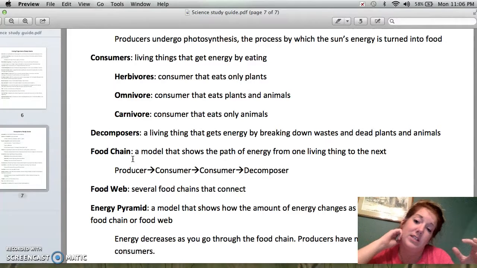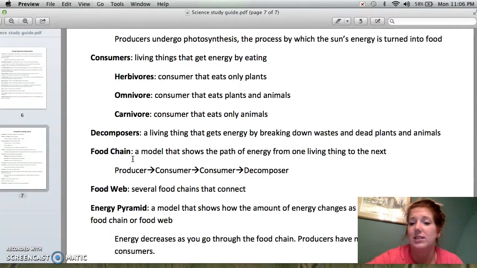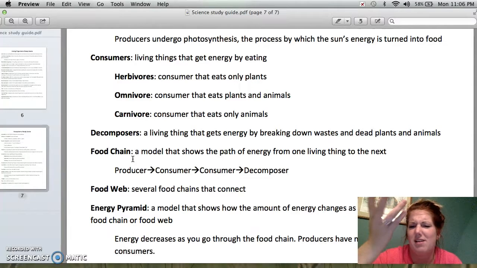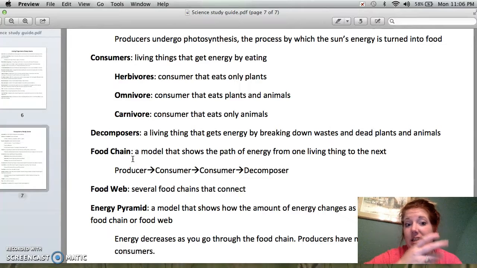So if we go back to an example of a food chain, let's say a producer would be like grass, okay? A mouse eats grass and seeds, okay? The producer being the grass and the consumer being the mouse. So then a snake eats the mouse.